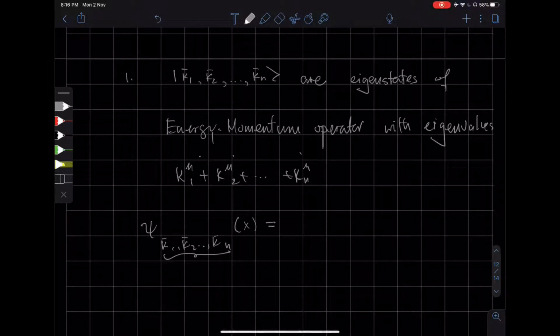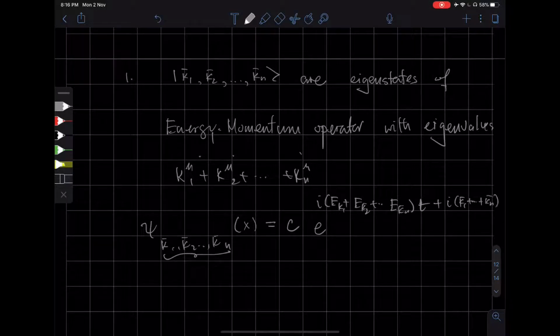They would be given by, up to some normalization, a plane wave state with energy given by the sum of all the energies plus the momentum part given by the sum of all the momenta dotted with x. So you'll recognize this as the plane wave.